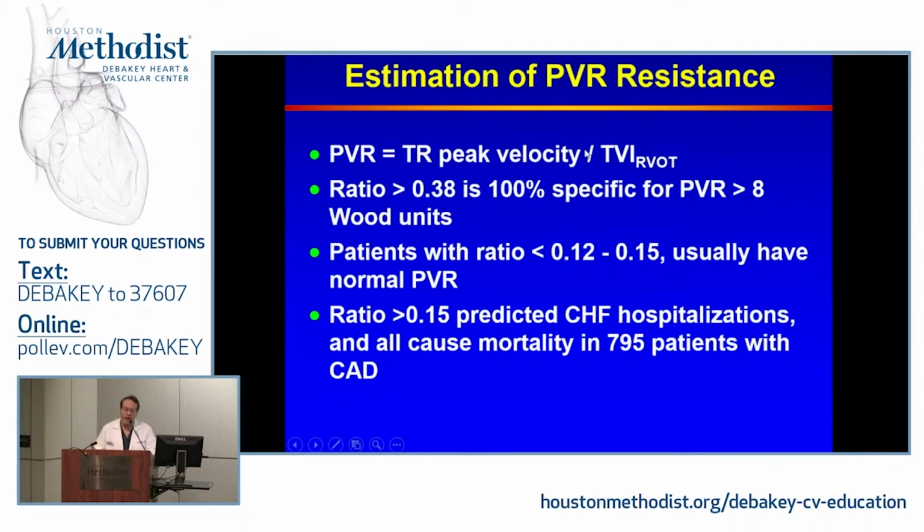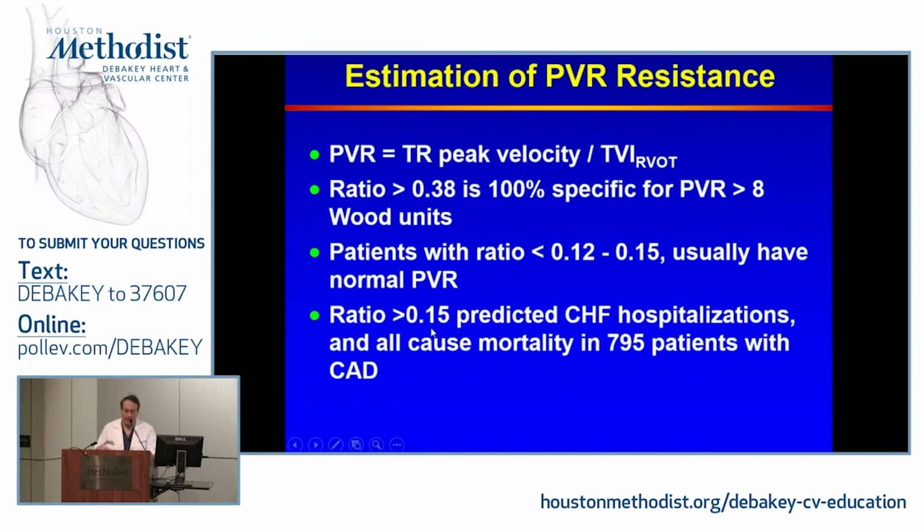So as to simplify the method. Turns out if you have a ratio more than 0.38, this is very specific, but notice the value of the pulmonary vascular resistance, very high value, more than 8 Wood units. A ratio of 0.12 to 0.15, these are individuals with normal pulmonary vascular resistance. In between the 0.15 and 0.38, that's where there is a challenge for that approach by itself.